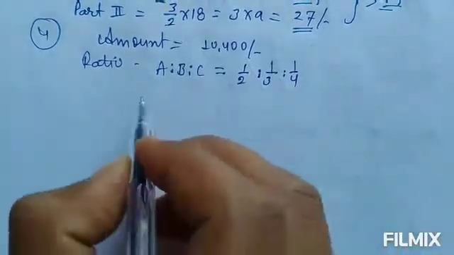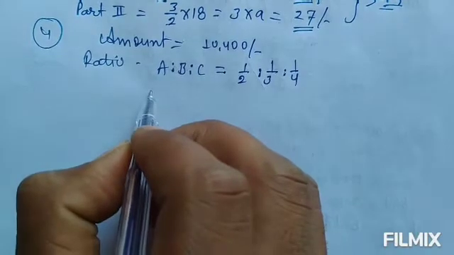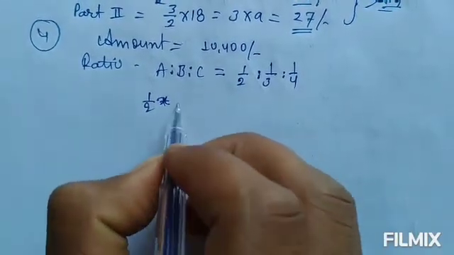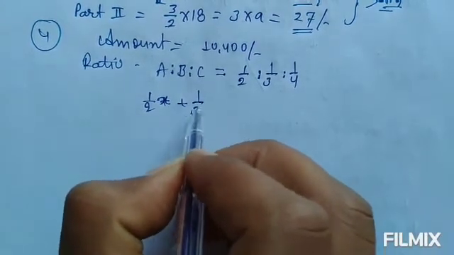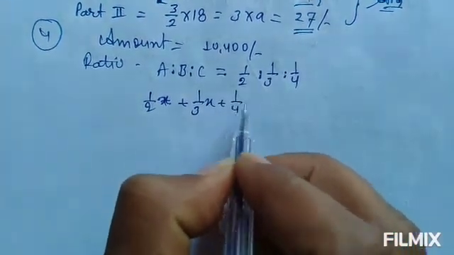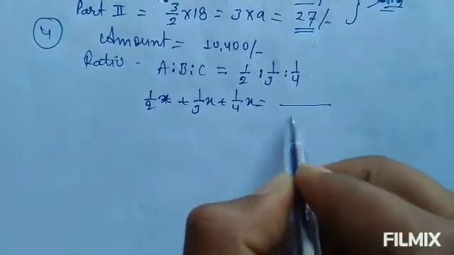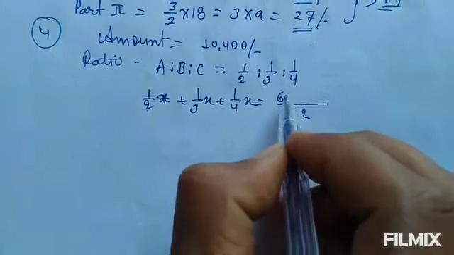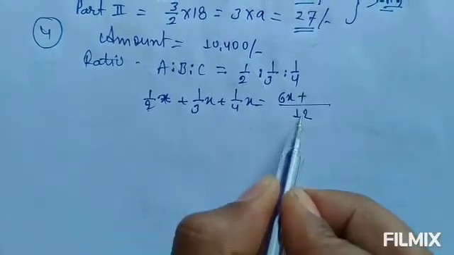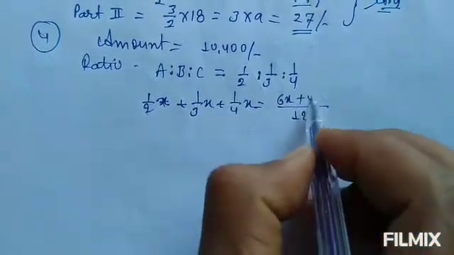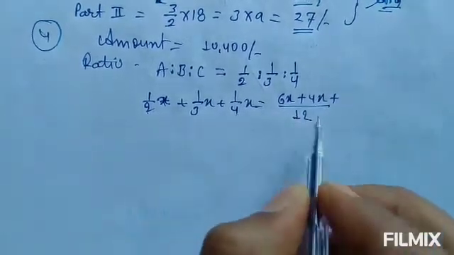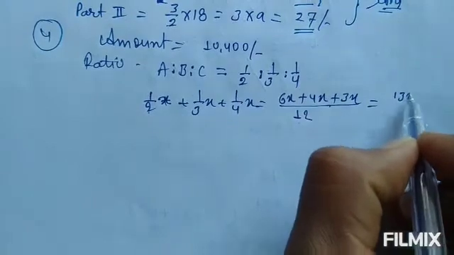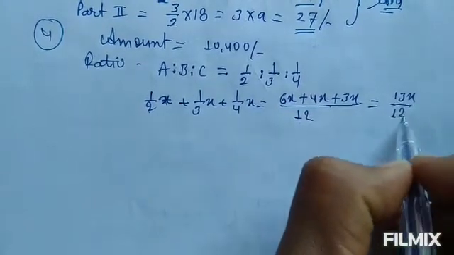First of all, add them, means A plus B plus C equals 1 upon 2x plus 1 upon 3x plus 1 upon 4x. Its LCM will be 12. 2 6s are 12, so 6x, plus 3 4s are 12, so 3x, plus 4 3s are 12, so 4x... this will be 13x upon 12.